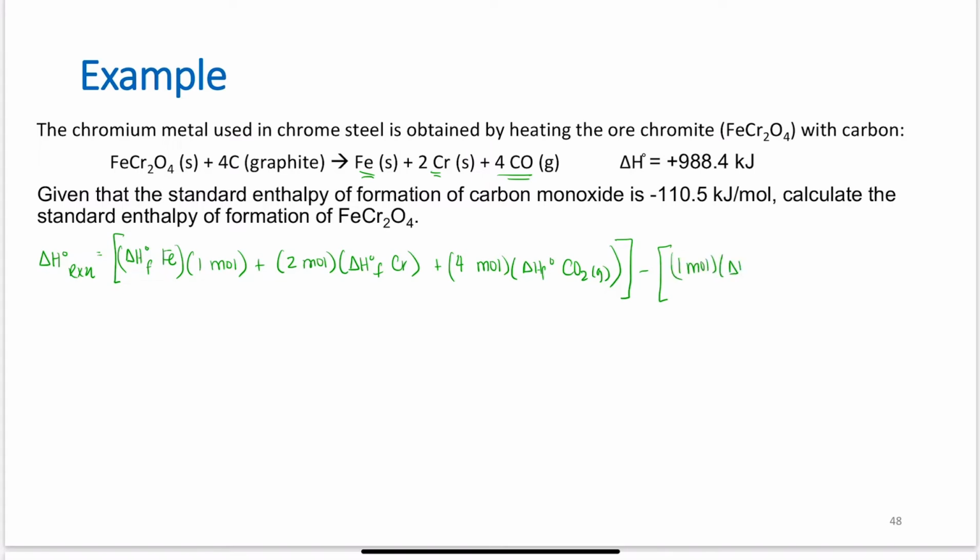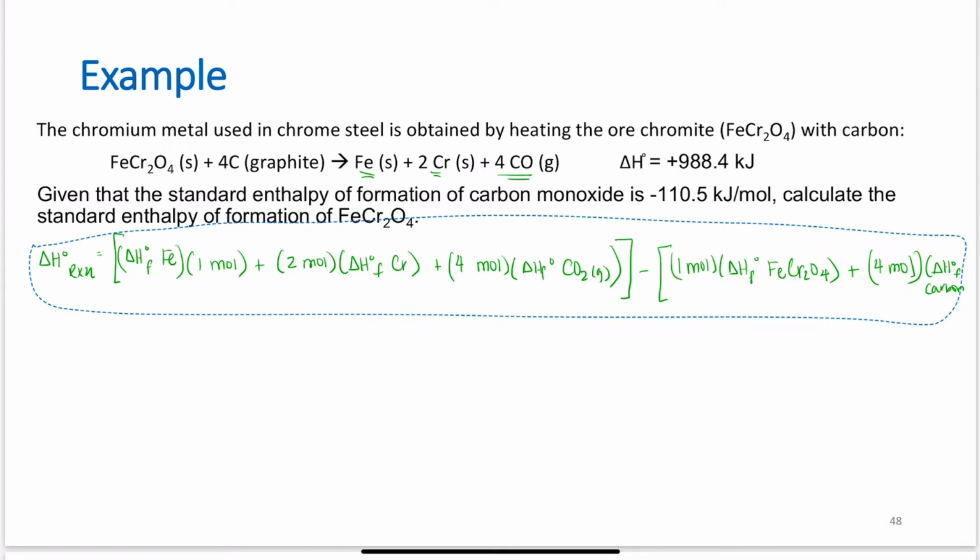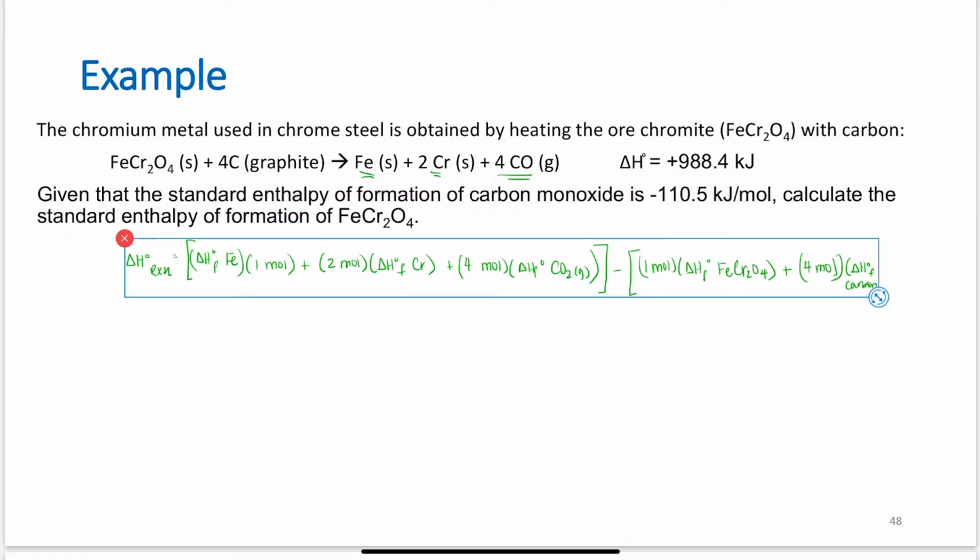1 mole times delta H formation of chromite, FeCr2O4, and 4 moles delta H formation of carbon, graphite specifically. Shrink this down so I can fit it.